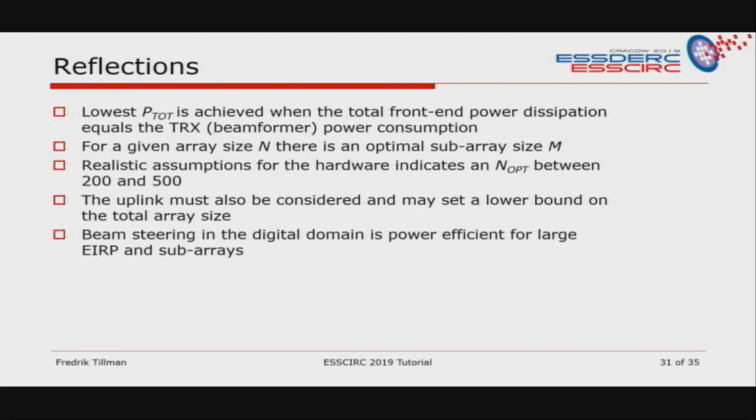Another factor we need to consider is the uplink, which is usually limiting these systems. We have a much lower power capability in the uplink than in the downlink, meaning that the link budget to a large extent is determined by the uplink scenario. That means that the uplink will determine the base station antenna size to a large extent today, and the base station in many cases is over-dimensioned for many of the users.